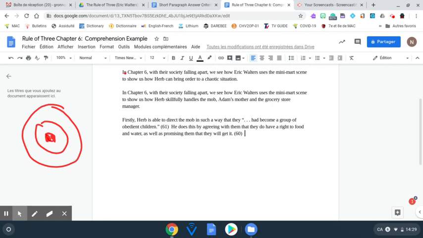There's a little bit that we could add there if we wanted to, but we have to try and limit ourselves to keep our paragraph short. So yes, he does produce the voucher system. That would be a piece of evidence that you might be able to use. He also appeals to the humanity of the crowd by offering for older people and people with children to be at the front of the line.